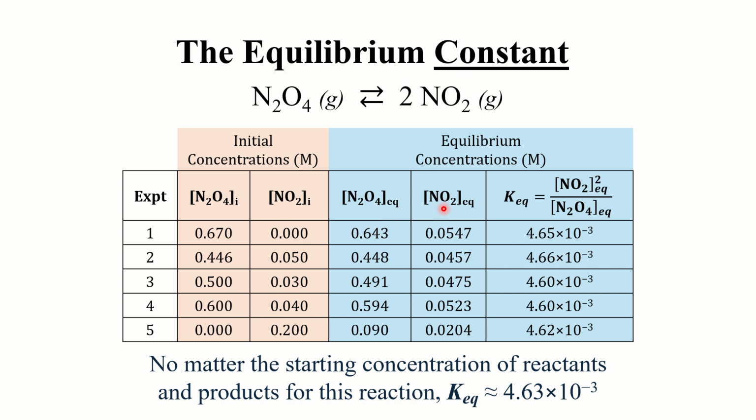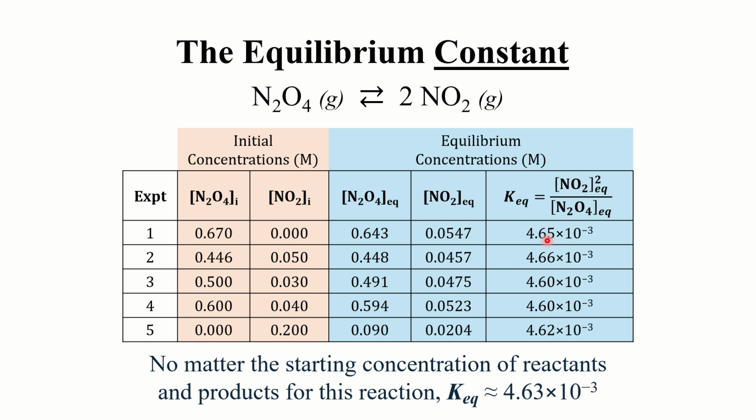We can see that we get different final concentrations, but what's important here is the ratio is the same. No matter the starting or initial concentrations, we get approximately the same ratio of products to reactants. And this is what the equilibrium constant defines. It is simply a mathematical ratio that relates the concentration of the products to the concentration of the reactants.